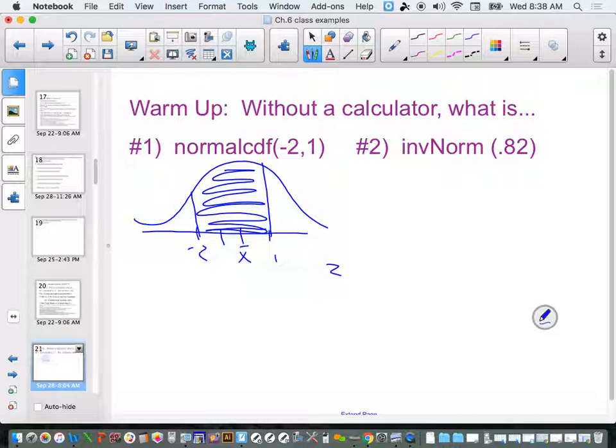So if we think of from -2 to 2, that's going to be 95%, right? So if we take half of that from the mean to -2, that would be 47.5%, right?